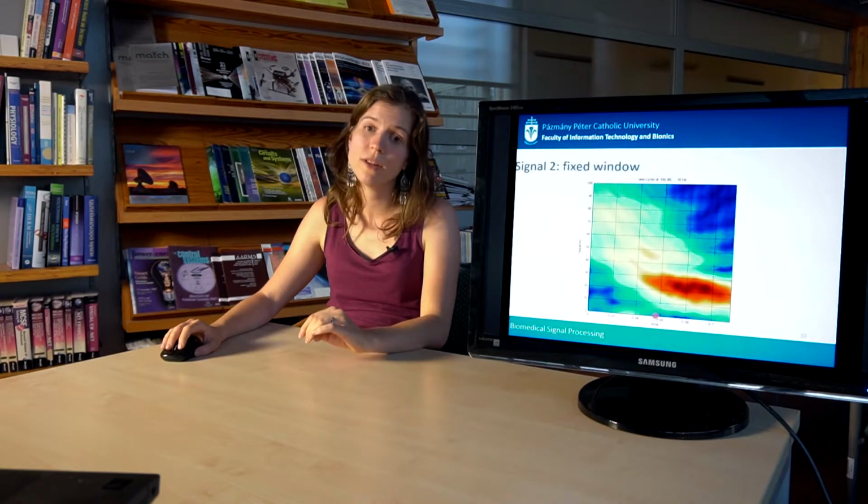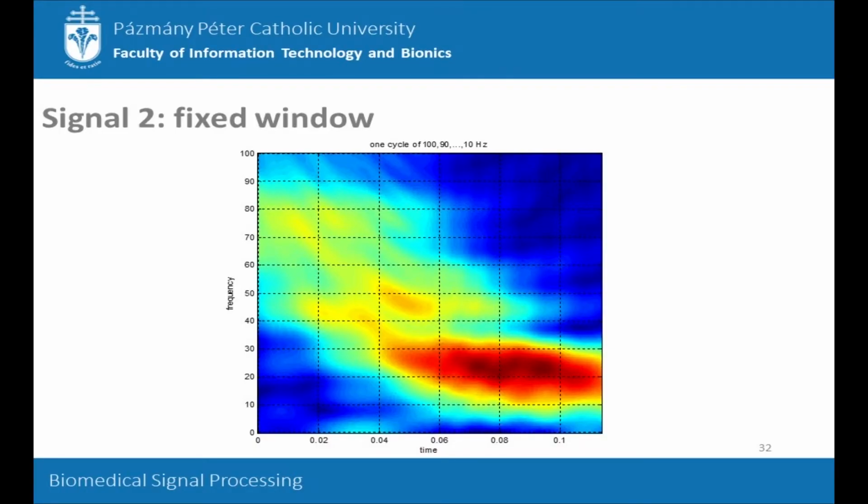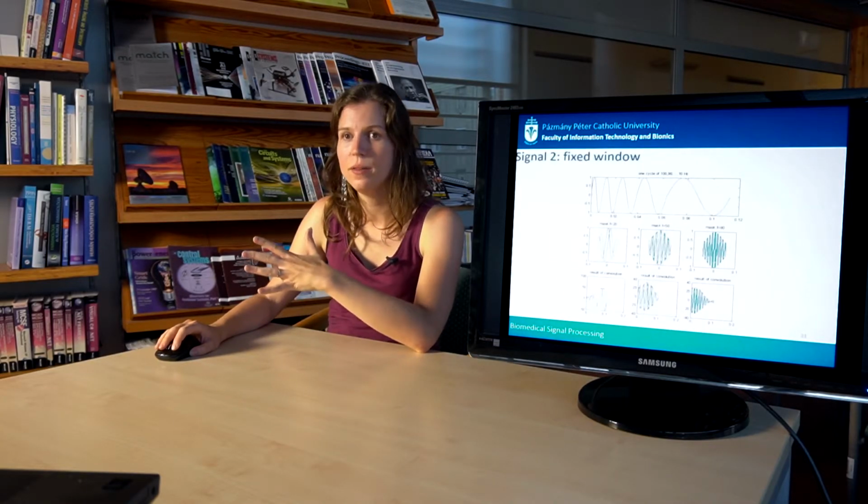And if we are looking at this here, you see that at low frequencies, in frequency we don't really have a resolution, because note that we had a different signal now. So if we are looking at the spectrogram of this signal, remember that in this case we had higher frequencies in the beginning of the signal and lower frequencies at the end of the signal.